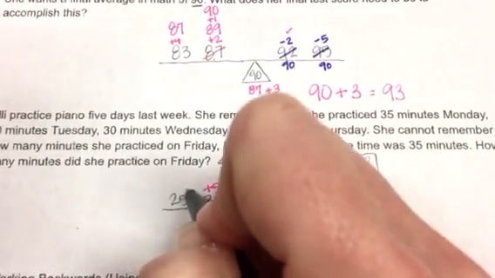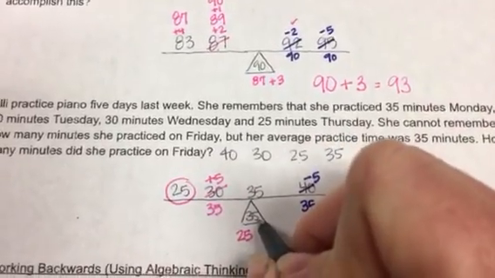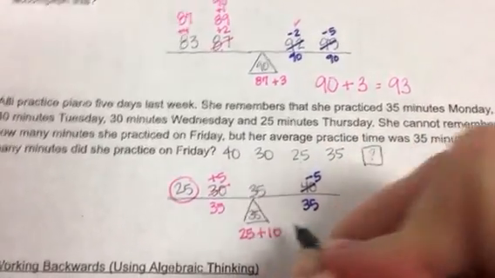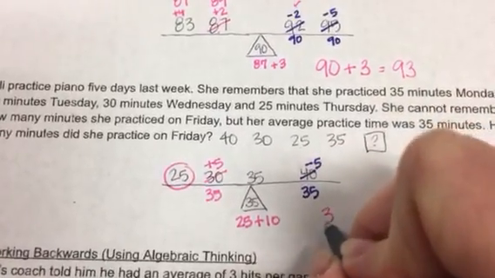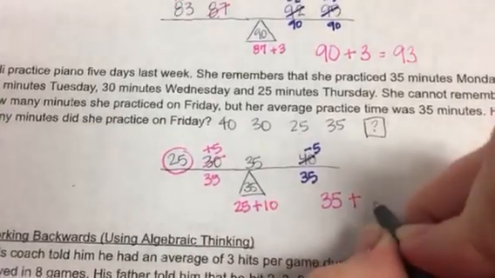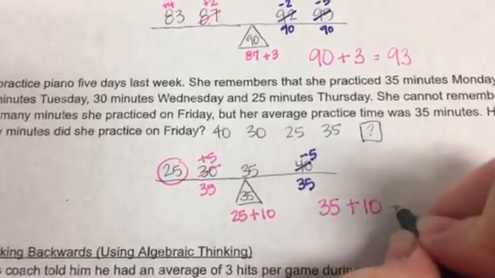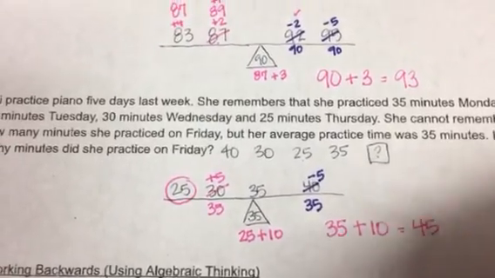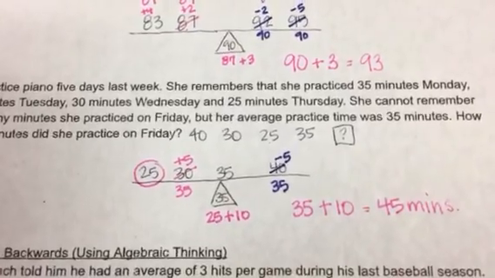So here's my final score that I was not able to manipulate. I want to make it say 35, so the way to do that is to add 10 to it. So her final practice time is the original 35, the target score, plus the extra 10 minutes that she needs to practice. So that means she's going to need to practice for 45 minutes on that Friday to average it out.